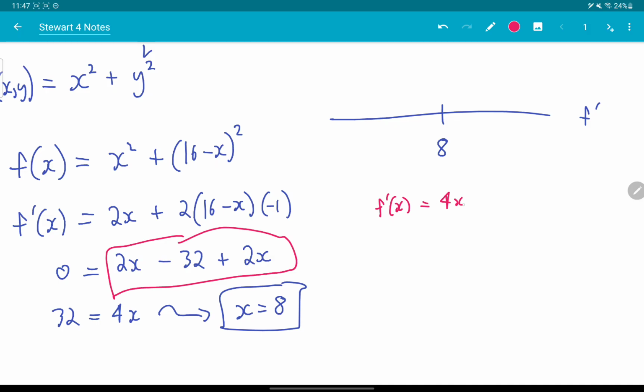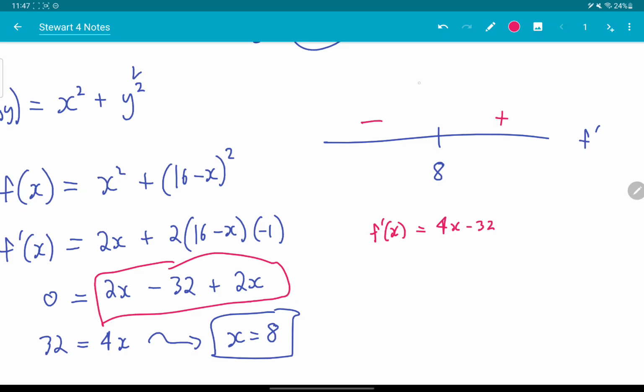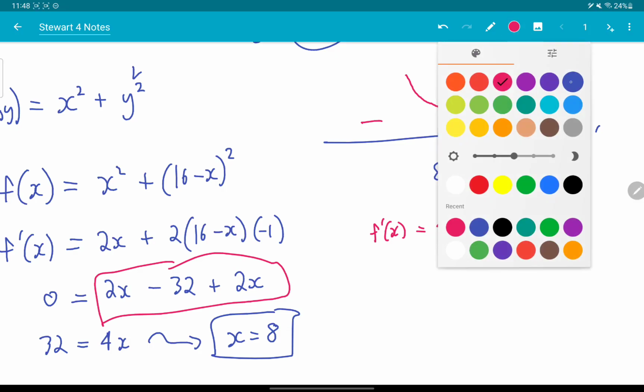It's 4x minus 32. So I'll do some test values here. Obvious thing to do is plug in 0 here, and I get a negative number. If I plug in, say, 10, I get a positive number, telling me that my function is going like this, down and then up. So this is indeed a minimum at 8.